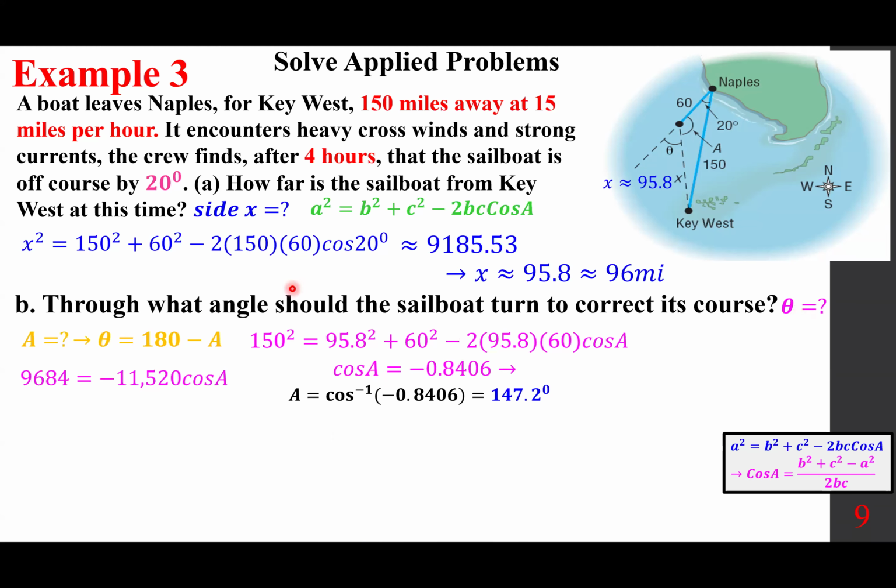What is theta equal to? 180 minus A. Theta is 180 minus A. So 180 minus 147.2 gives us 32.8 degrees. So theta is 32.8 degrees.